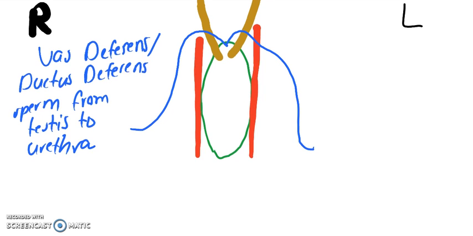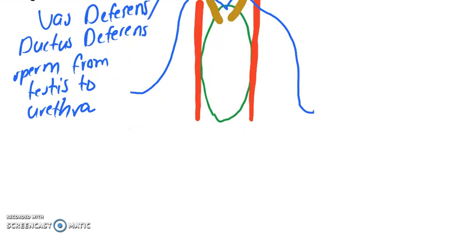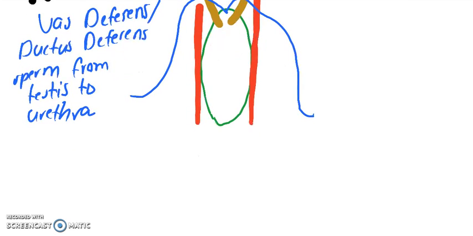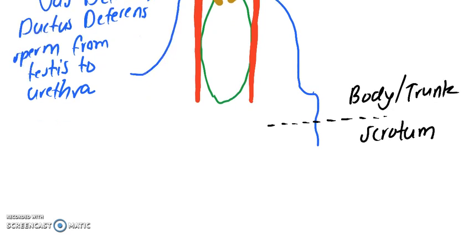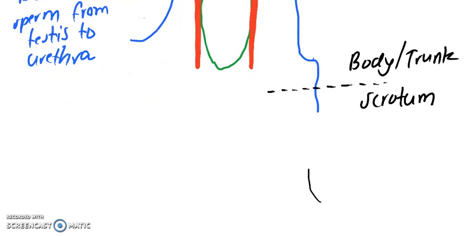Okay, so let's see here. Here is my left vas deferens, and we're actually going to leave the body cavity. So this would be the body or the trunk, and it's going to descend into the scrotal region, the scrotum. And here we're going to have our testis.